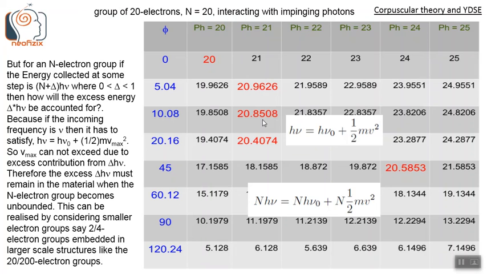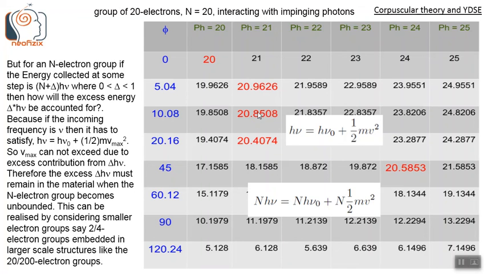So here n equals 20 because this is the number of electrons in the group, and there is a remainder 0.8508 which corresponds to this del. And this del is always between 0 and 1. So the question is, how will this excess energy delta h nu, this remainder 0.8508, be accounted for?